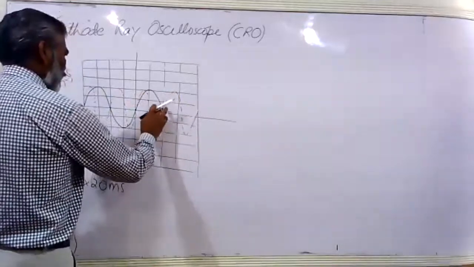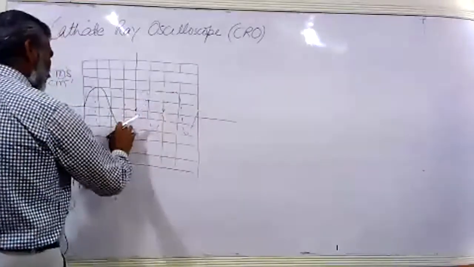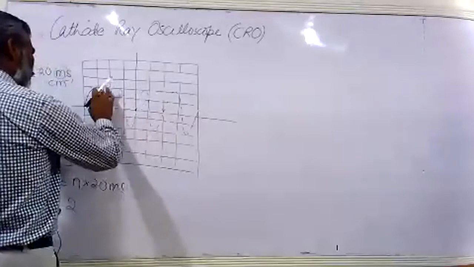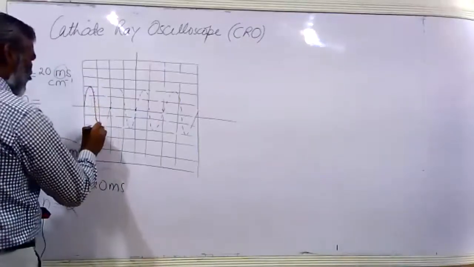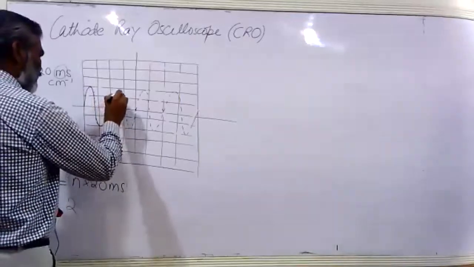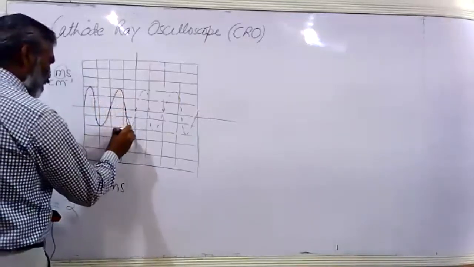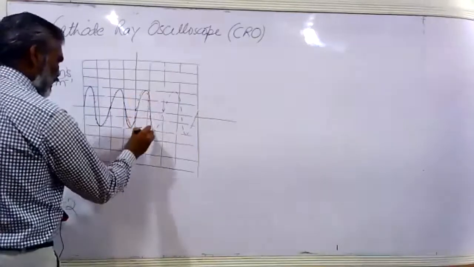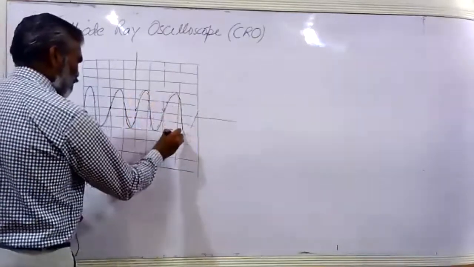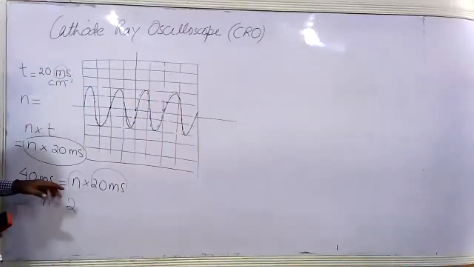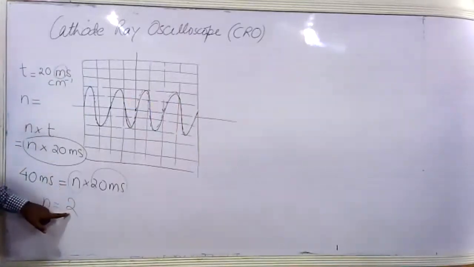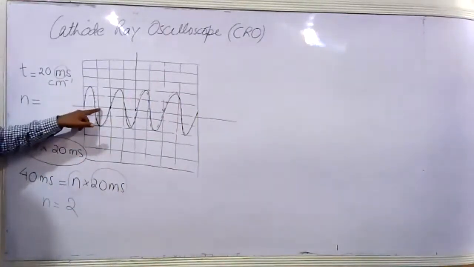So the new trace on the screen will be this. So immediately after you change the time-base setting, you have this shape of the trace on the screen, which clearly shows that now the wave is fitting in 2 boxes, 1 and 2.